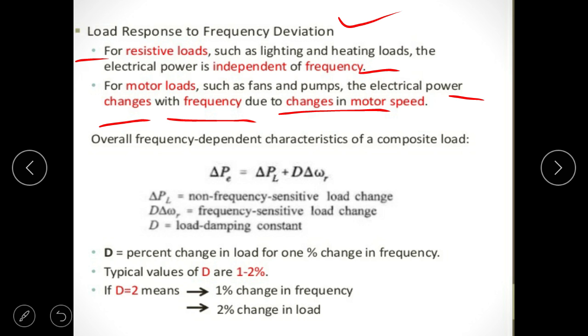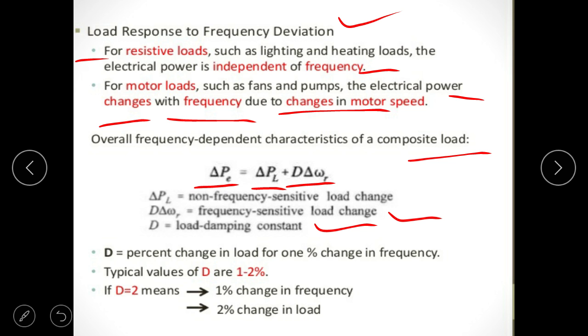So the overall frequency dependent characteristic of a composite load is delta Pe equals delta PL plus D dot delta omega R, where delta Pe is the change in electrical power, delta PL is change in load power, and D dot delta omega R, where D is the load damping constant, is the frequency sensitive load change.